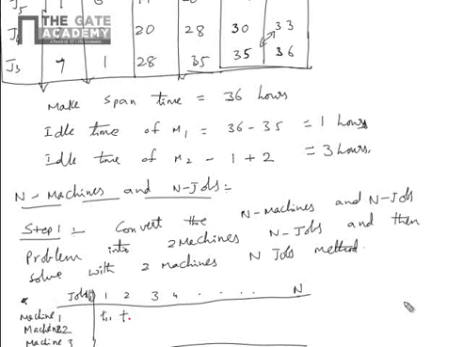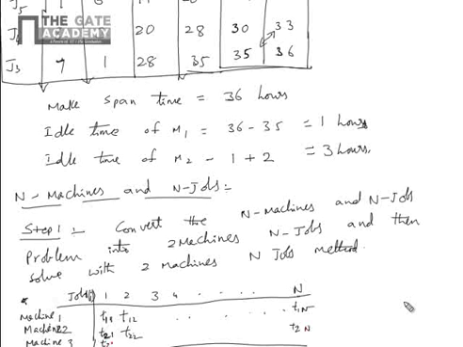T11, T12, T1n. T11 is the processing time of job 1 on machine 1. Similarly, T21 is the processing time of job 1 on machine 2, T22, T2n.